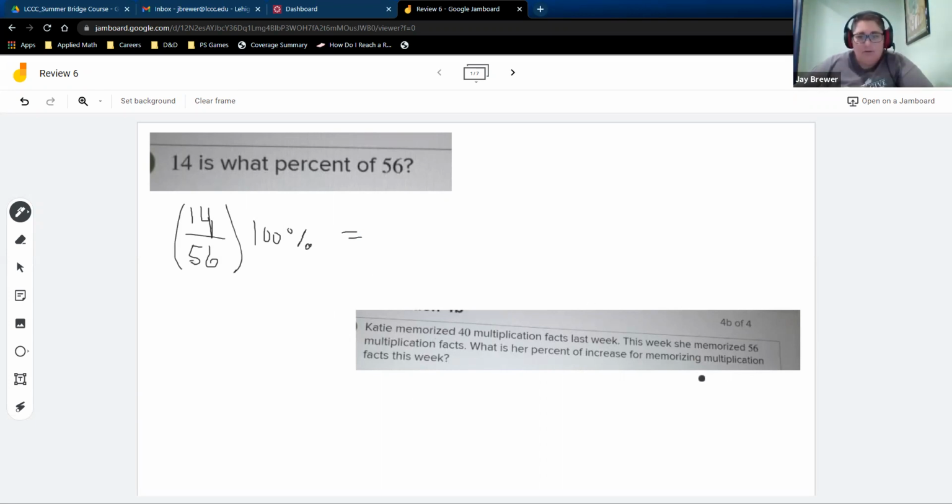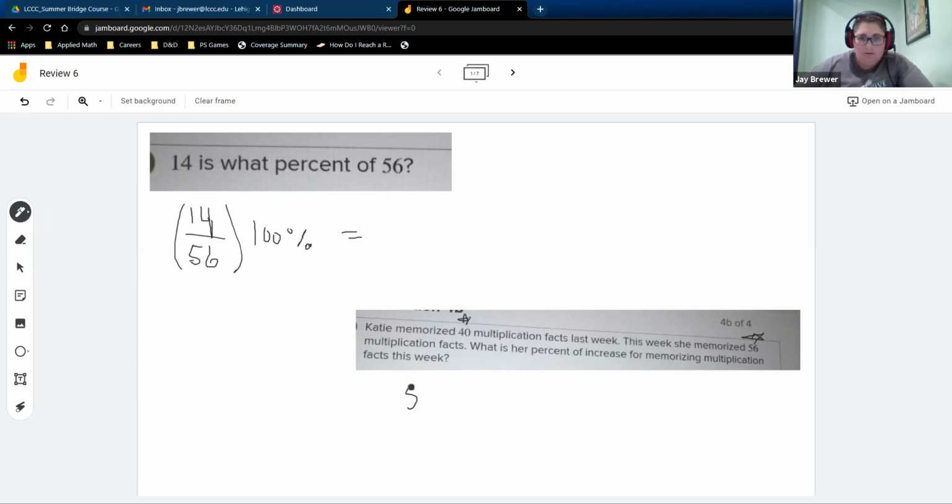I am going to let you guys figure out some of this for yourself, so I'm just going to give you steps. If you look at this problem, it's saying that Katie memorized 40 multiplication facts last week and 56 this week. So you want to take the new minus the old.